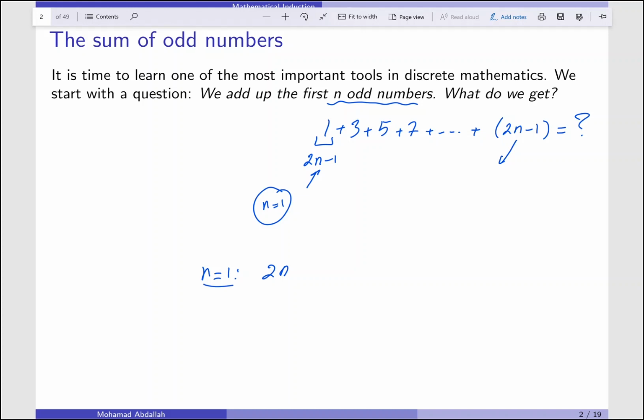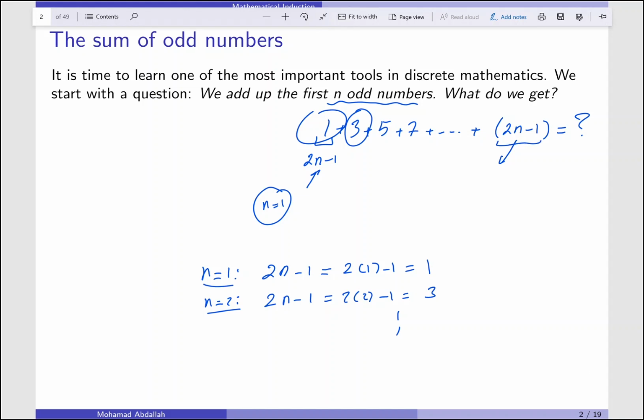Since n starts at 1, when n equal 1, 2n minus 1 becomes 2 times 1 minus 1, which is 1. When n equal 2, I get 2 times 2 minus 1, which is 3, and so on. So when n is n, after n numbers, if I plug in n, I'm going to get 2n minus 1.